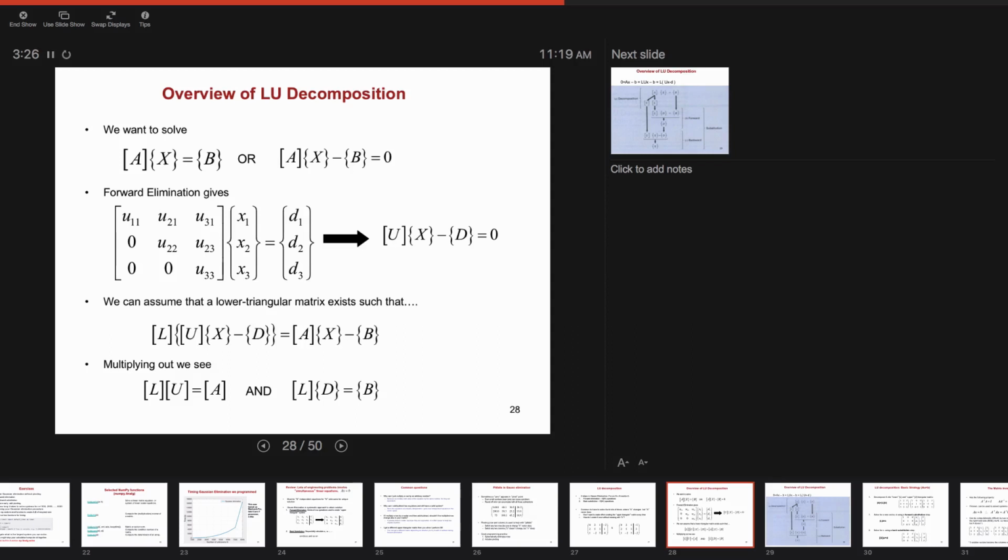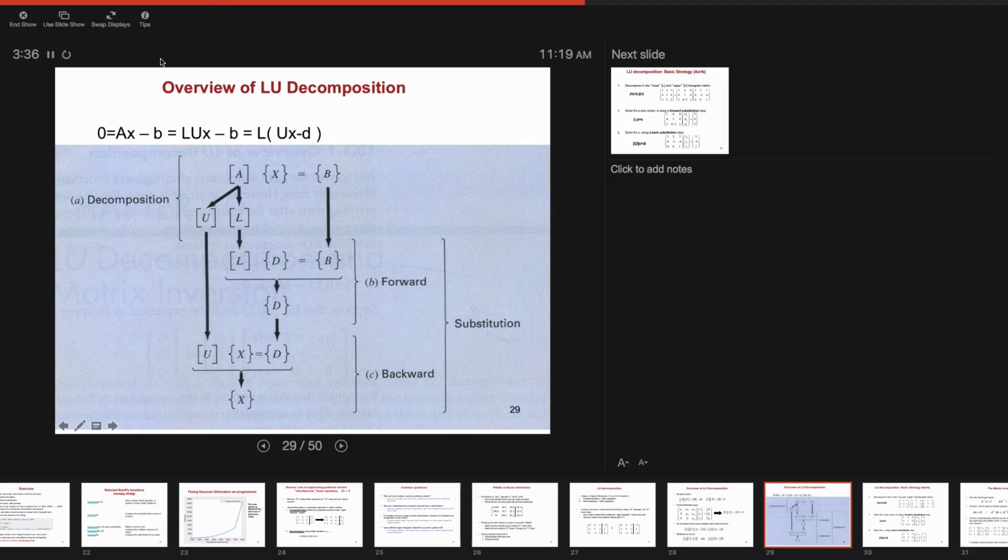So my AX minus B is equal to 0, and it's actually LUX minus B. Technically I can factor L to the side as a matrix multiplication, so this problem is equivalent to L times (UX minus D) being equal to 0.